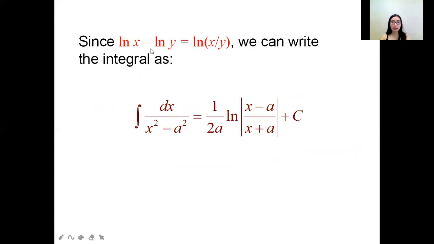So since ln x minus ln y is equal to ln x over y, we use the difference property of logarithms, so we can write the integral as 1 over 2a times ln absolute value of x minus a over x plus a plus c.